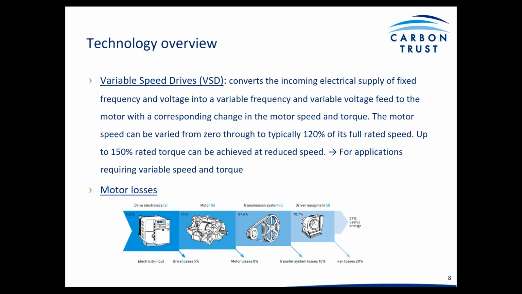So we can see that in this example, just 57% is useful energy if we do the comparison between the final output and the electricity input. This is very important to then find out what the opportunities to save energy are.